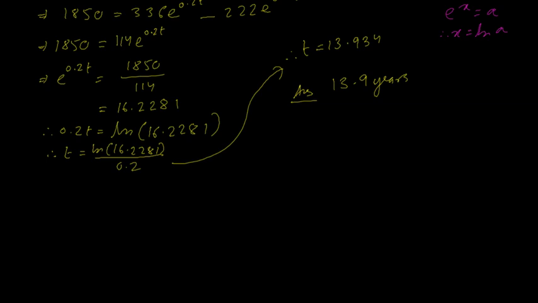Now our job is to simplify that expression into this. So we have to do some simple algebra. The first thing is we have to get rid of this e to the power 0.2t from upstairs, from the numerator. So upstairs and downstairs, let's divide by e to the power 0.2t.